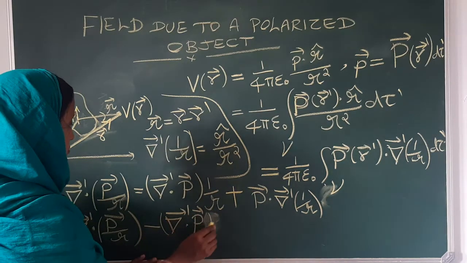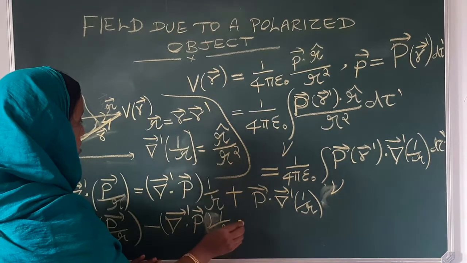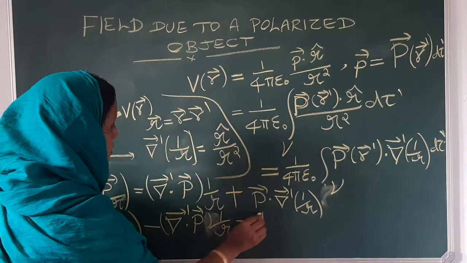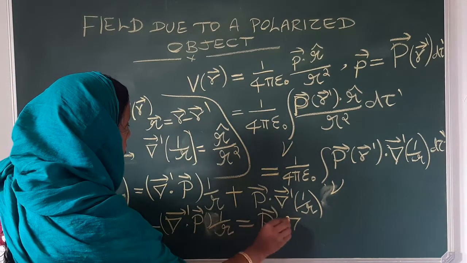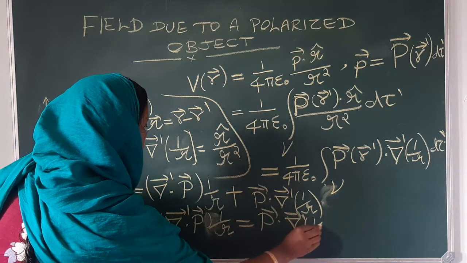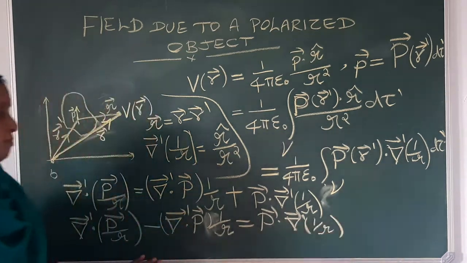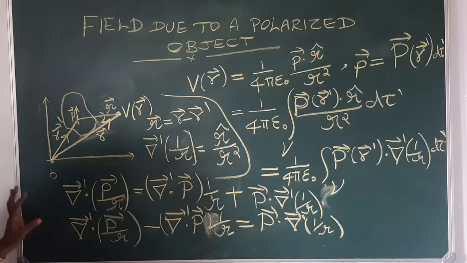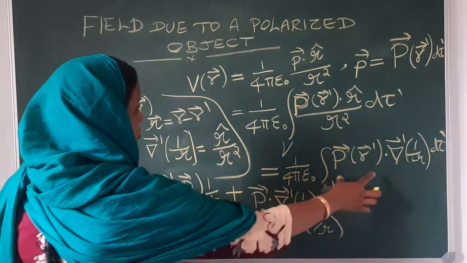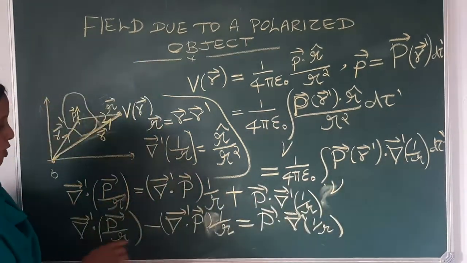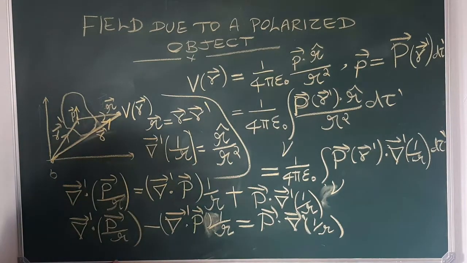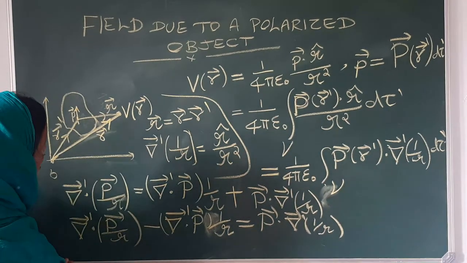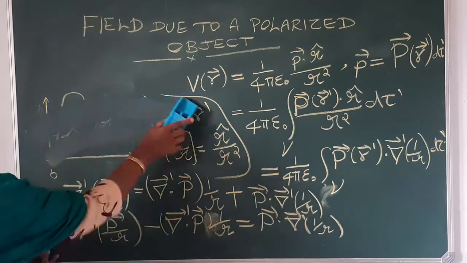Also, minus 1 by R equals P dot gradient 1 by R. Okay, so you can substitute for this term these two terms. Okay, the next step, I want to simplify this expression.